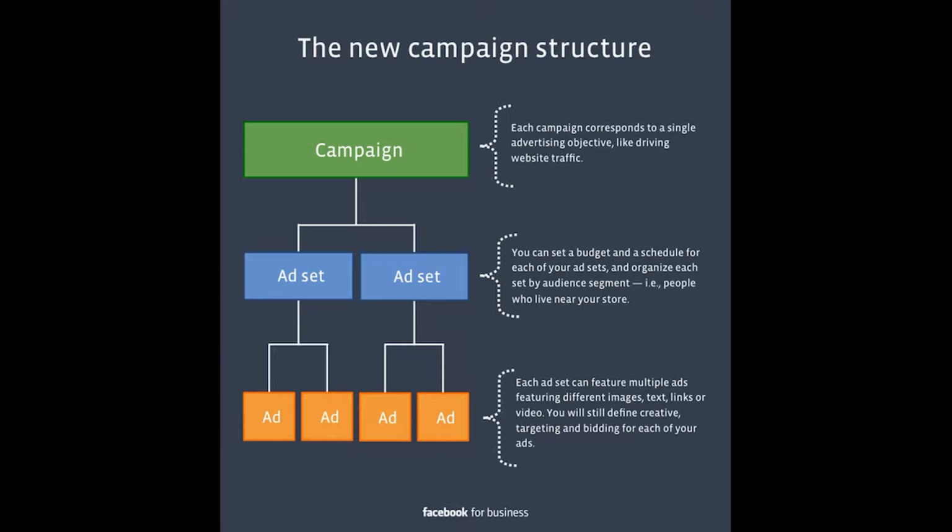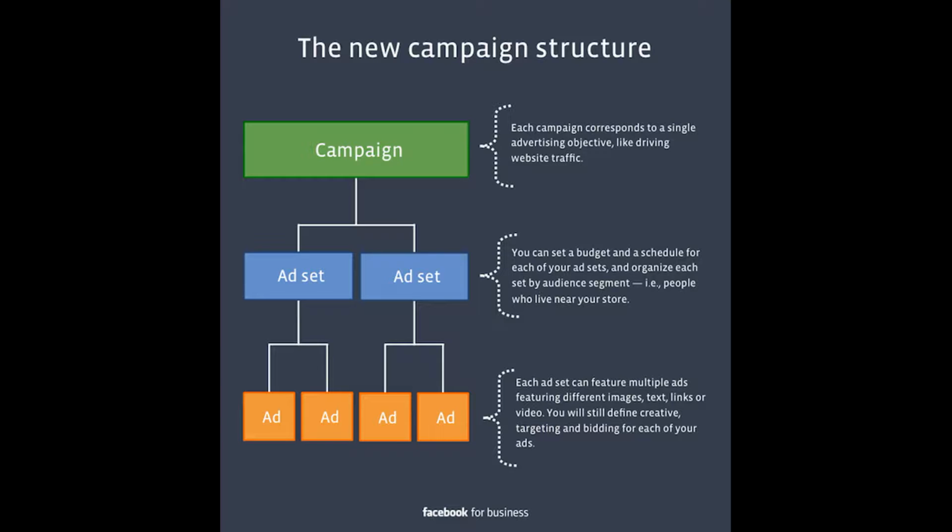You organize each set by audience segment. For example, people who live near your store, or people who are interested in the specific niche that you're advertising. You need the data for this. Before you even start a campaign, you need the data, and I'll show you this later on.